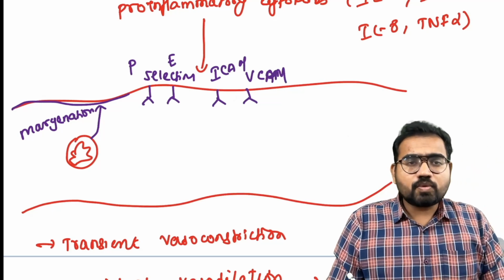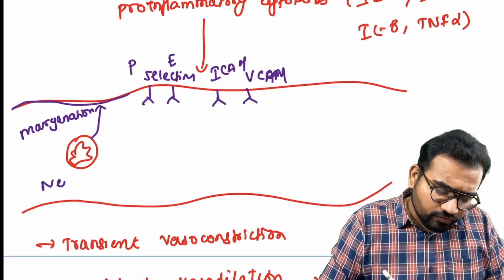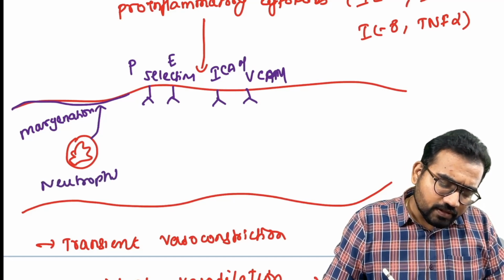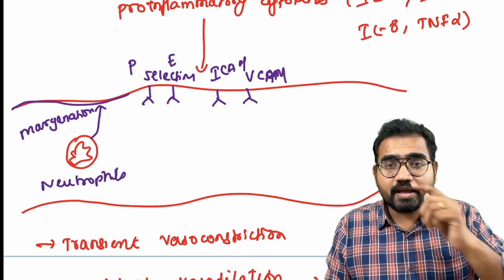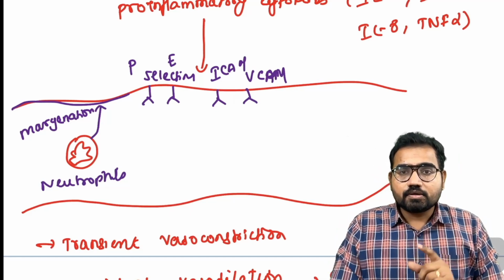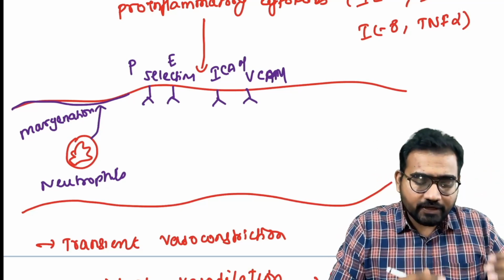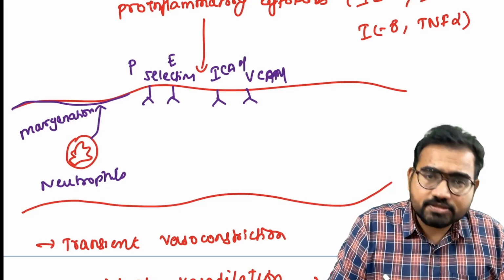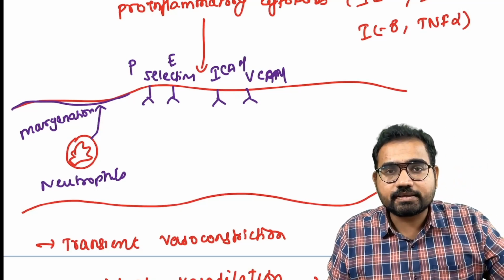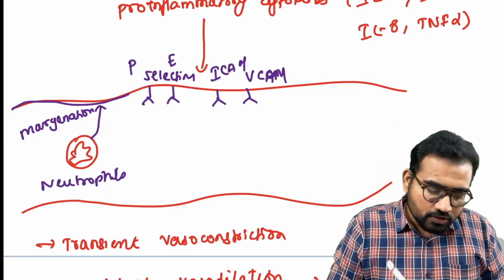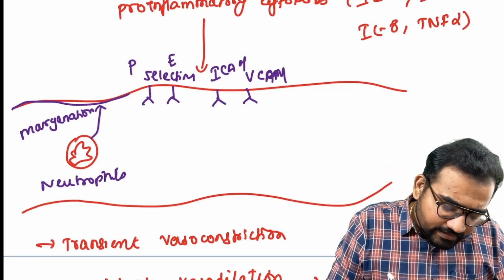These neutrophils go and adhere to the endothelium. Once they start to roll over the endothelium, they come in contact with these integrins, selectins, ICAM, and VCAM.